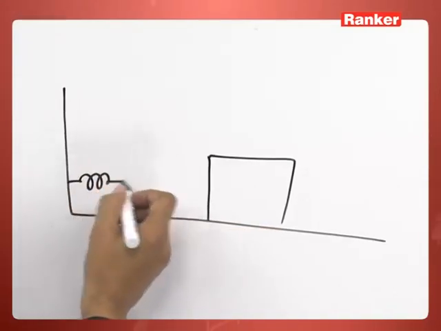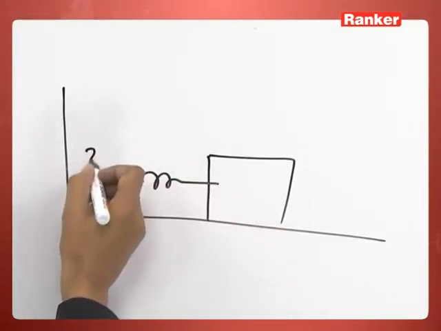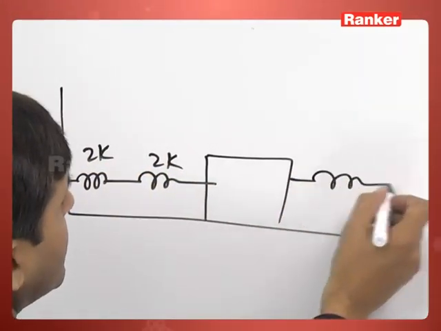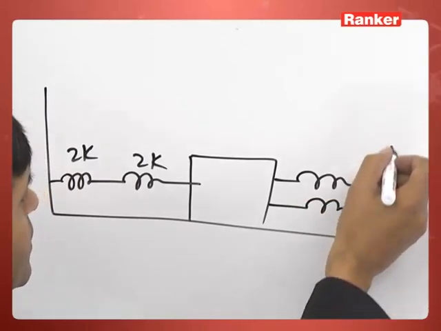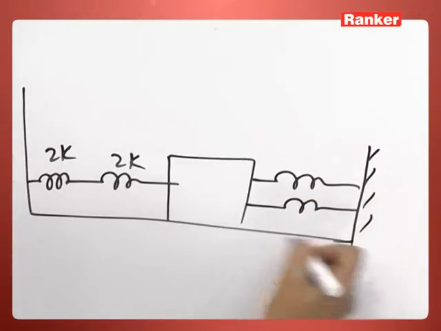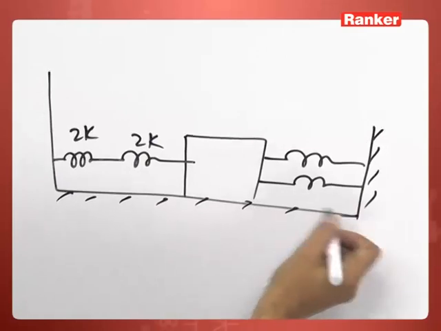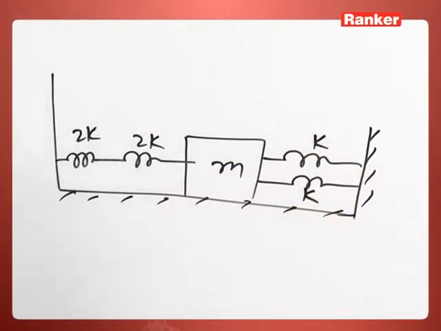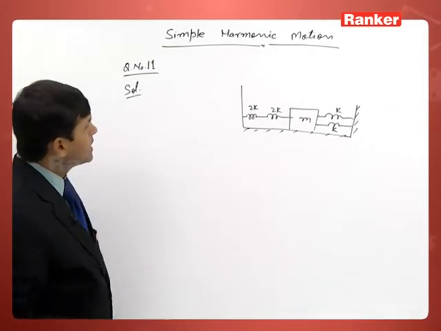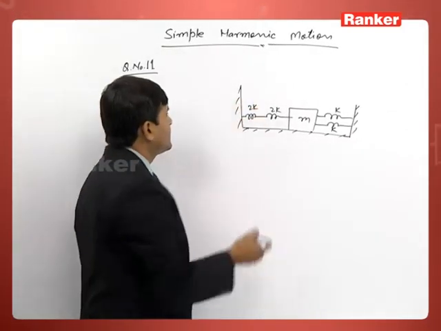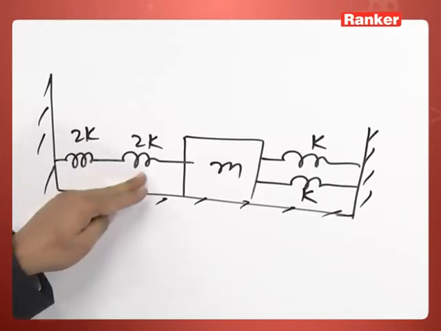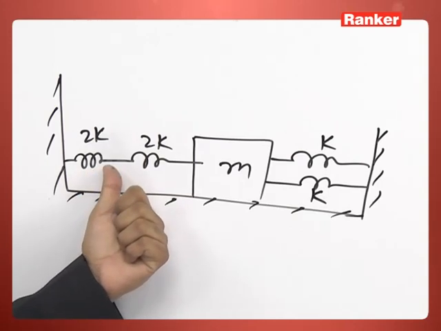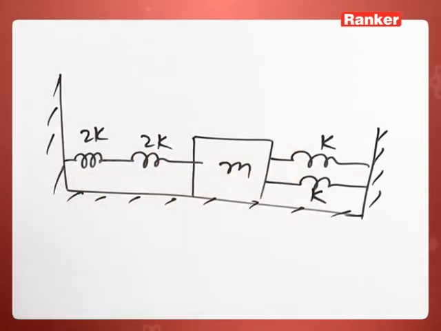This is one spring, this is another spring, force constant 2K and 2K, this is your third one, this is your fourth one, like this. And M is the block of mass M. So here, these 2 are in series and these 2 are in parallel.